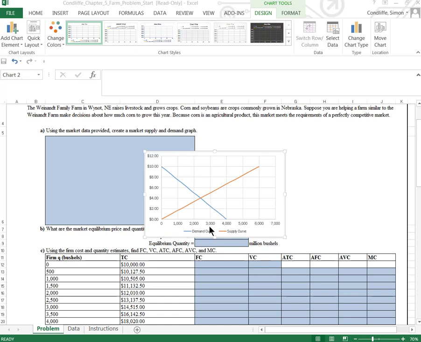So now we've got demand and supply. And we've got the legend on there already.